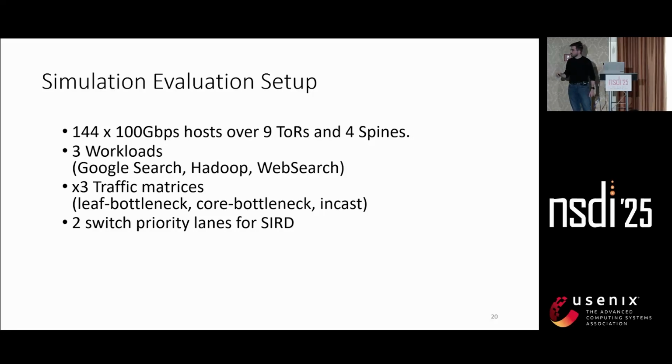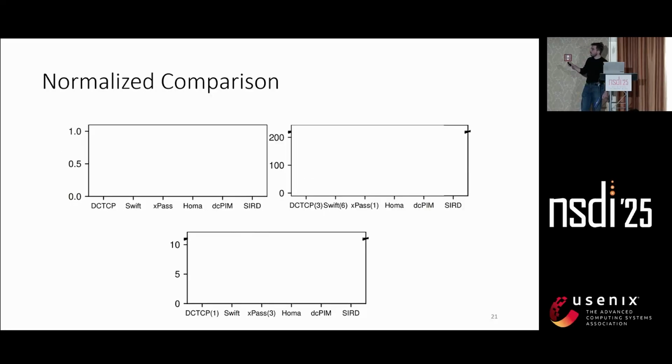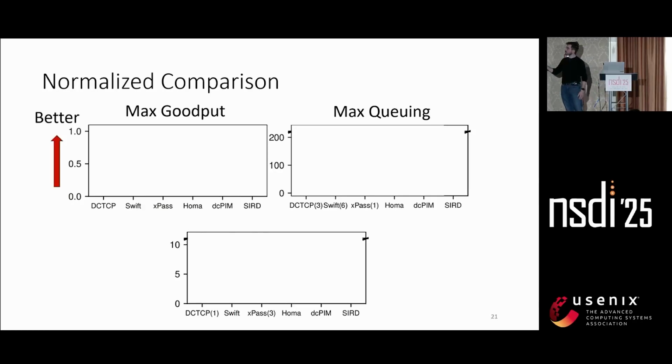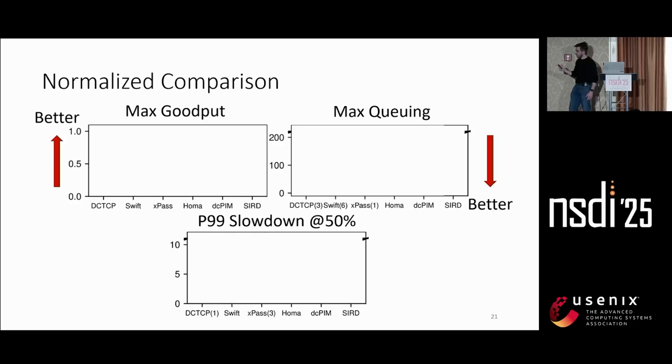And we also use 2 priority lanes in this case for SIRD. This slide shows the normalized comparative performance of SIRD versus the other baselines in terms of goodput, where higher is better, queuing, where lower is better, and 99th percentile slowdown at 50% load, where of course lower is better. And I'm just showing now the performance of SIRD, which, as you can see, simultaneously optimizes for all metrics.